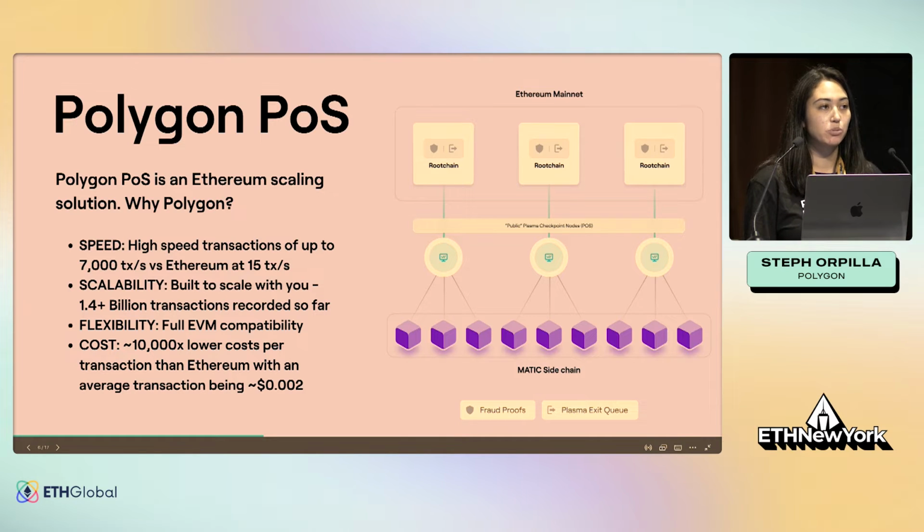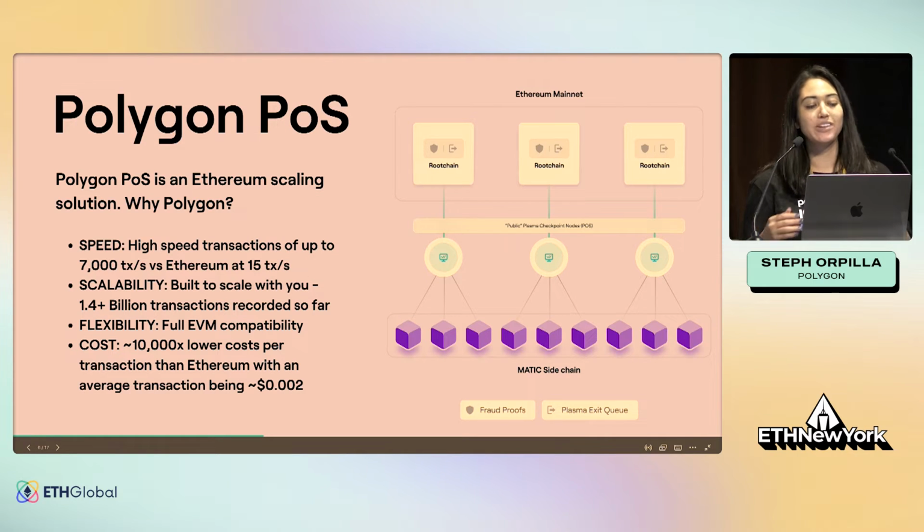We've had over 1.4 billion with a B transactions recorded so far, and also 29,000 dApps on Polygon, which is awesome. Also very flexible, it's EVM compatible, and if you've ever developed on Ethereum, you're already a Polygon developer, which is very cool. We use all of the same tooling, and that's all built in, so none of that has to change just because you're on Polygon.